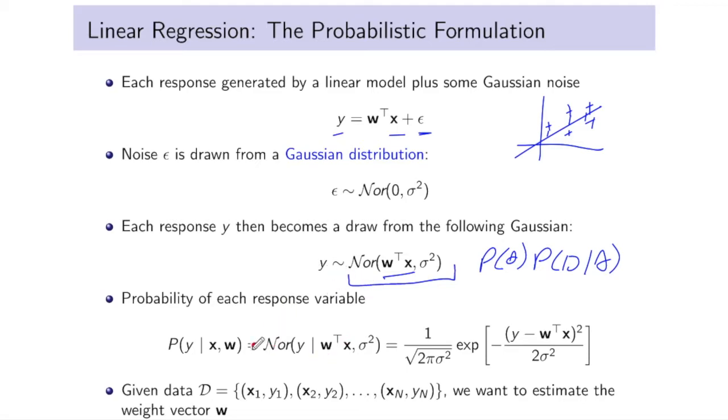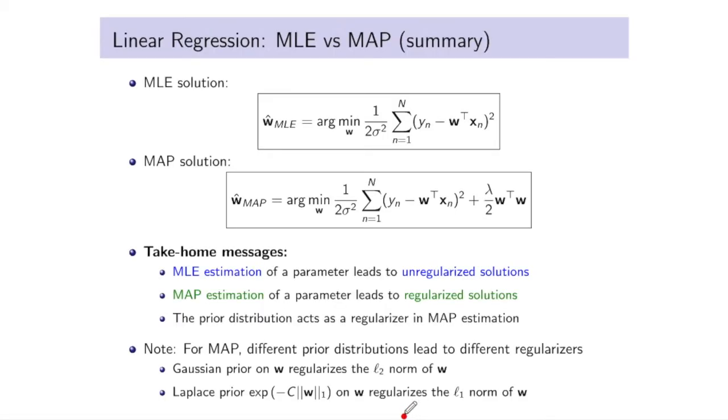So then we can talk about getting the probability of the output data as this Gaussian, and write out the Gaussian equation with our formula filled in, and that's what we have, right? So that's defining it as a probabilistic model. And then if we use these two tools, MLE and MAP, you get these two different formulations.